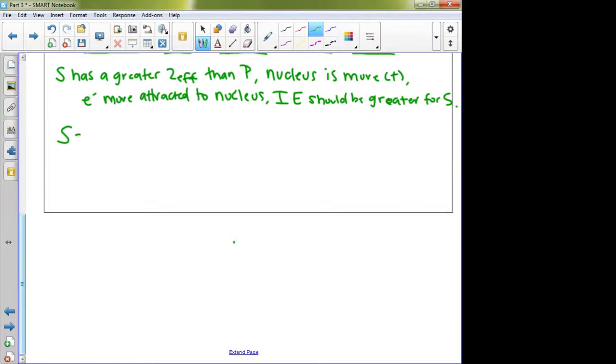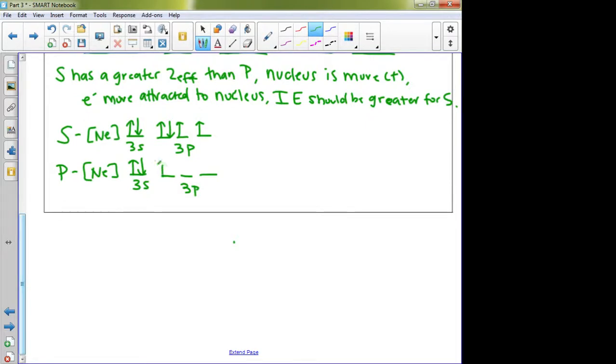So sulfur is neon, 3s2, up, down, and then 3p, 1, 2, 3, 4. Phosphorus is neon, 3s2, 3p, 1, 2, 3.